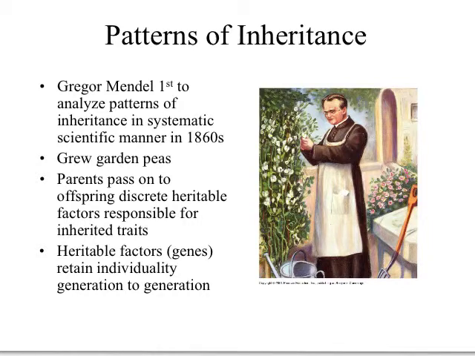He didn't know anything about DNA or genes or anything like that back in the day. So what he called heritable factors, we now call genes. And he noticed that they retain their individuality generation after generation, whether they're expressed or not. They're still going to be there somewhere in the organism.